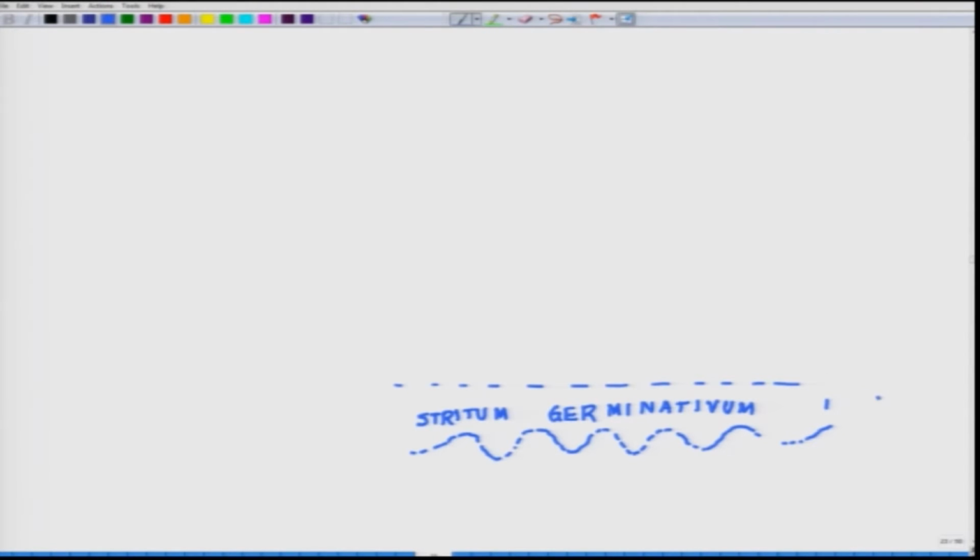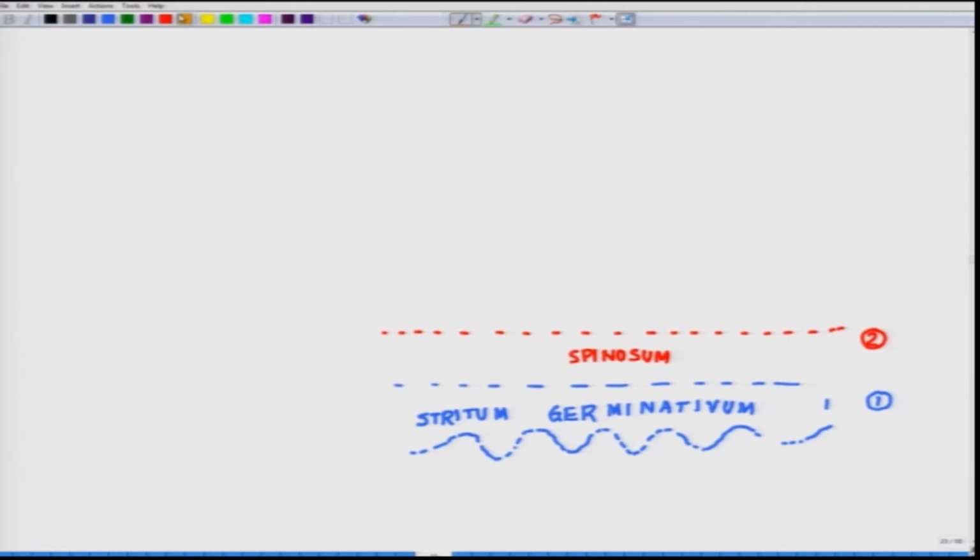If this is 1, let us use another color to indicate layer 2, that is stratum spinosum. Whenever we say spinosum, it means it has a spinous structure.